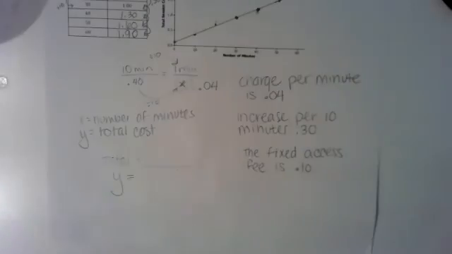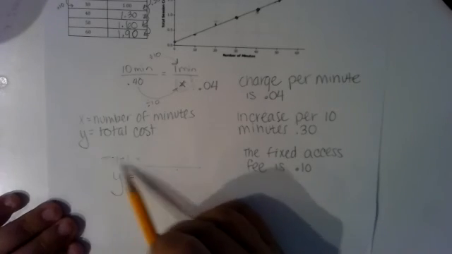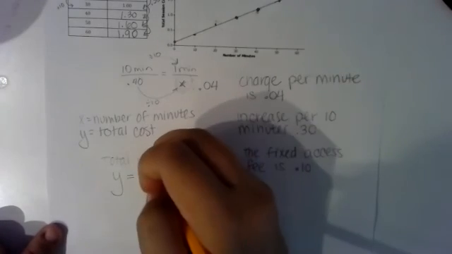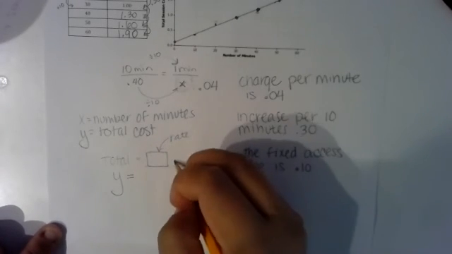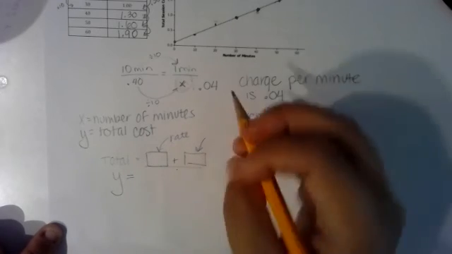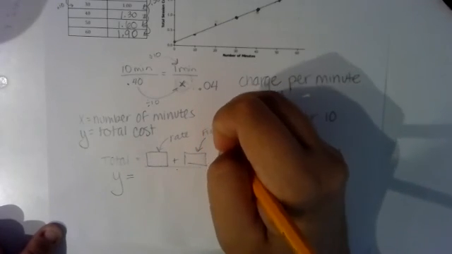Now in course 2, you wrote equations like this. What do I do with my constant? Who can tell me? Okay, I'm going to pause a moment. So let's go back. Normally my total is equal to my rate plus my fixed fee.